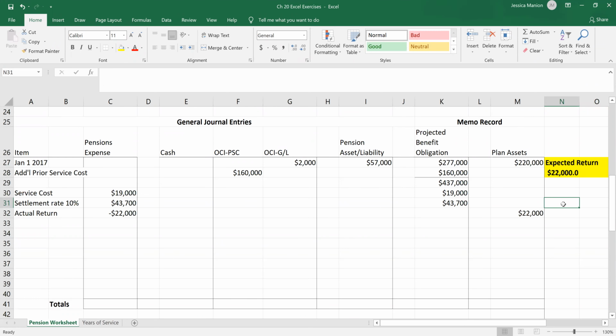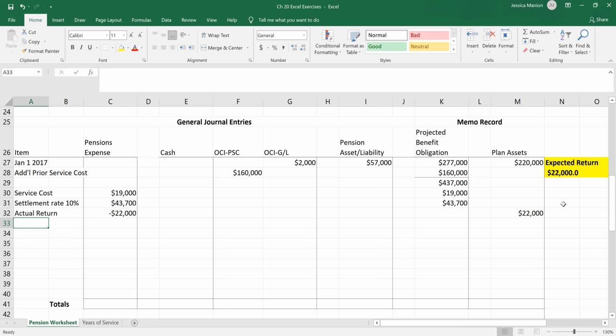So we do not have to recognize any additional loss. We do not have to recognize any gain on this because our expected return was the same as actual return. So we don't have that unexpected loss that we had in year one.